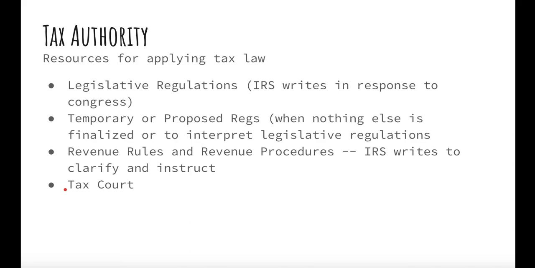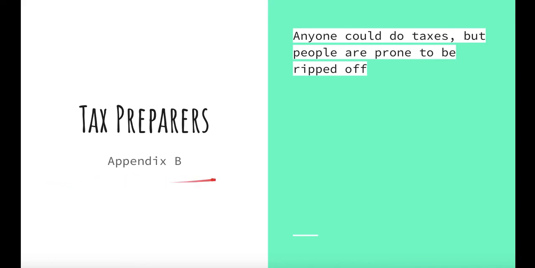But most tax returns aren't all that complicated, although there are often various issues here and there. So tax preparers is Appendix B. In the past, anyone could do taxes, but there was a real risk of people being ripped off, because people want to save taxes, right?